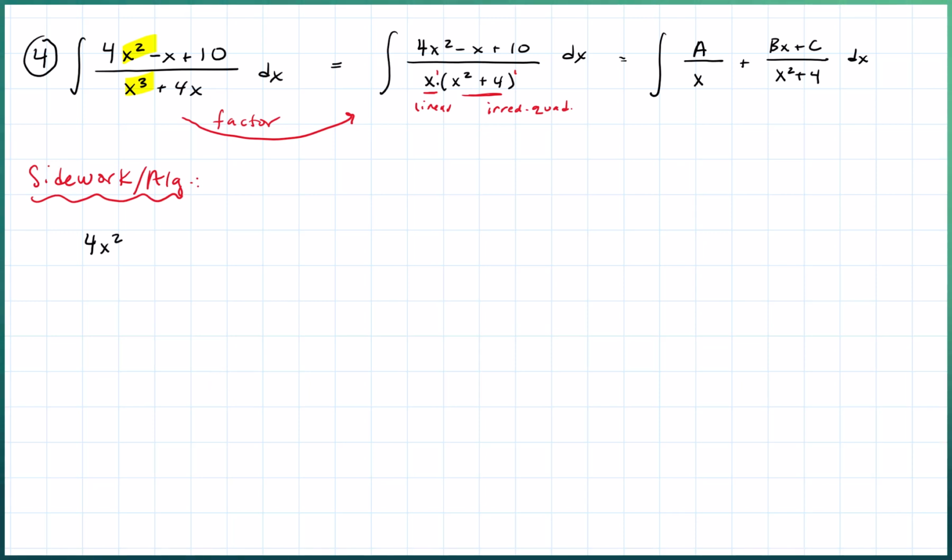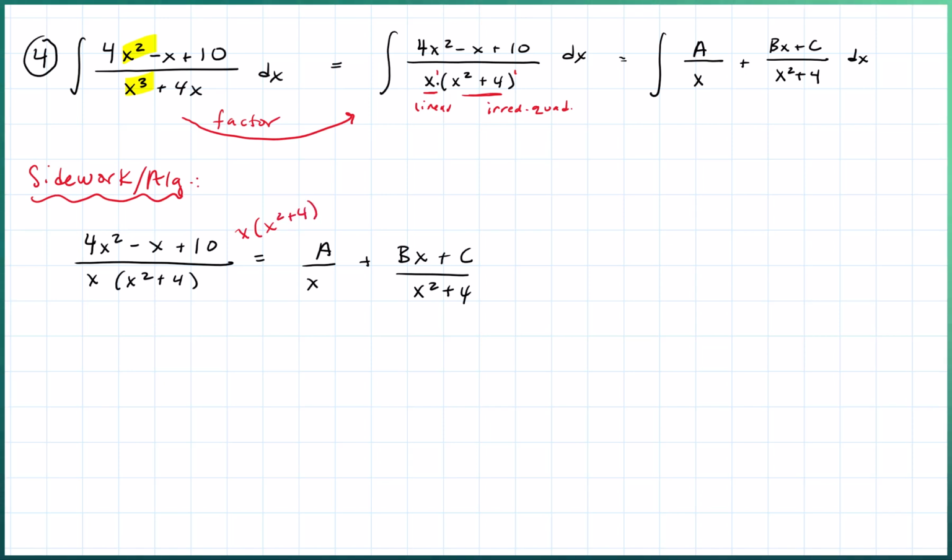So let's take (4x squared minus x plus 10) over x times (x squared plus 4), and that was equal to my partial fraction breakdown, A over x plus (Bx plus C) over (x squared plus 4). We're going to clear the denominators by multiplying by q of x, the factored denominator on the left side here, and I'm going to multiply every single term, both sides of the equation, to keep my equality.